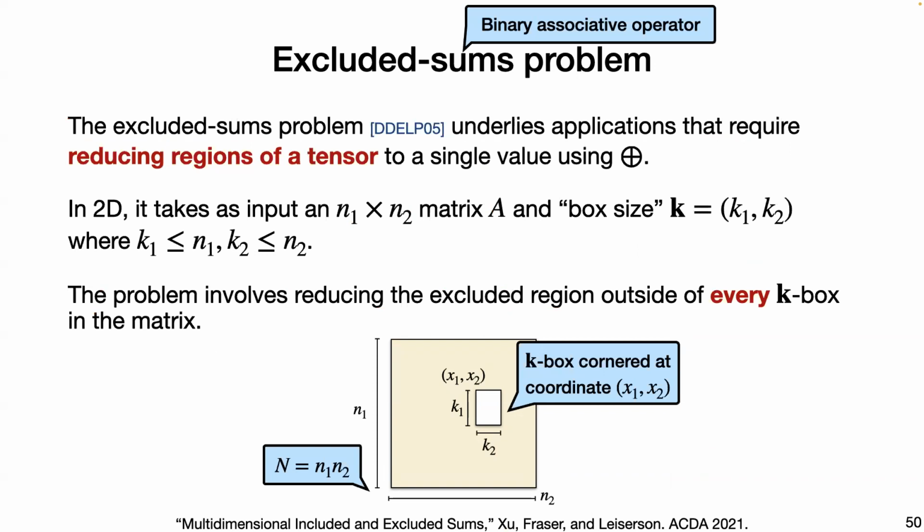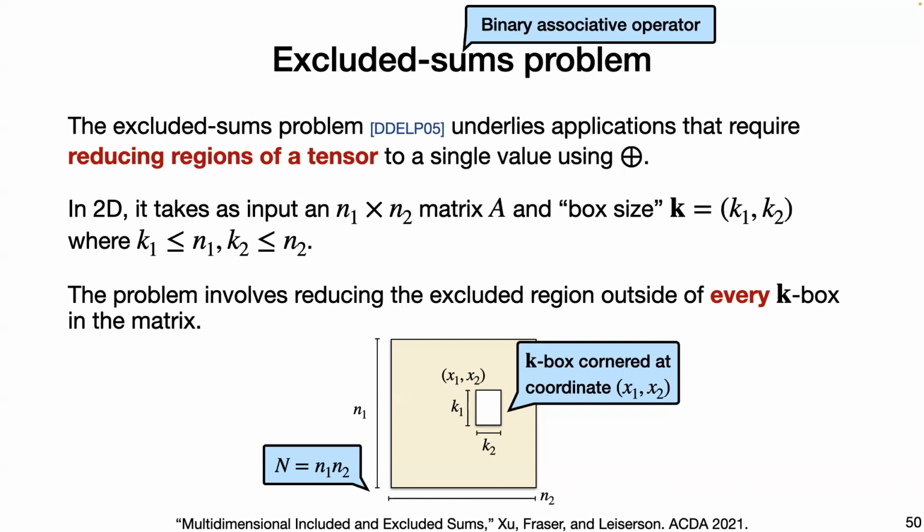To be more precise about it, the excluded sums problem underlies some applications that require reducing regions of a tensor into a single value using some arbitrary associative operator. And in 2D, it takes an n1 by n2 matrix and a box size k1 by k2. This is different from summed area table, because in summed area table, you can query arbitrary box sizes. But in this one, you fix the box size up front, but you may do inclusion and exclusion in this problem.